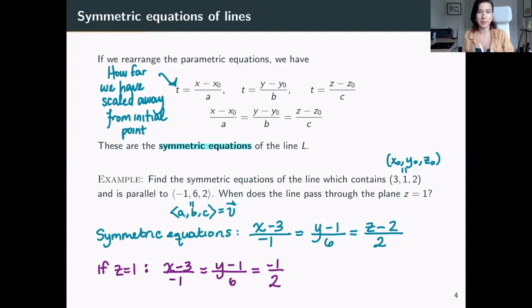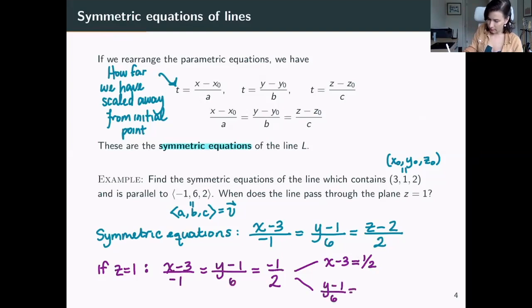-1/2. I have two variables to solve for, but I know that these symmetric equations give me two cases. The first case is that I have x minus 3 being equal to +1/2 because of that -1 on the bottom. And the second is that I have (y - 1) over 6 being equal to negative 1/2.